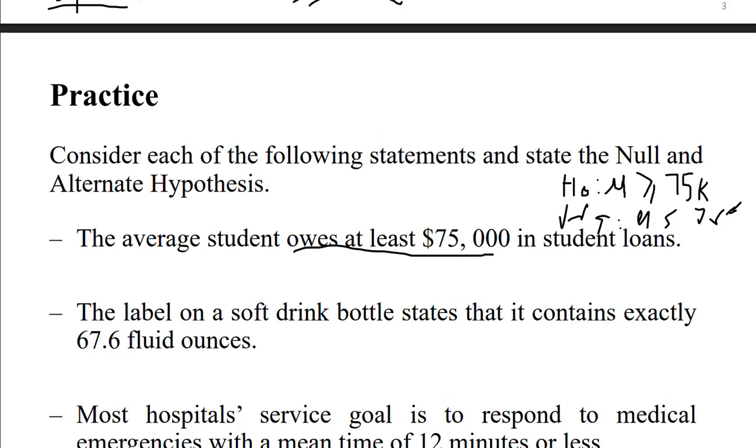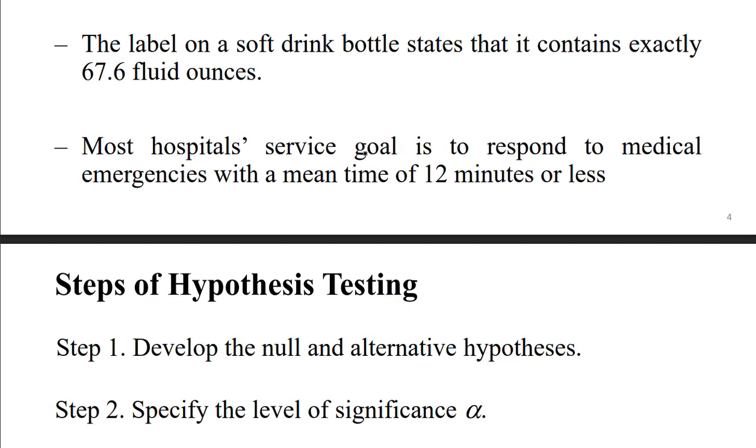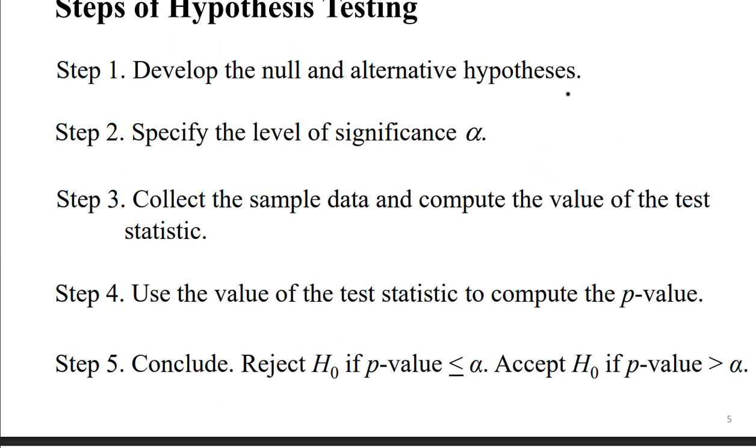And so the alternative hypothesis will always be a statement opposite the null hypothesis. If the null hypothesis is greater than or equal to, the alternative hypothesis will be the other side, which is less than.